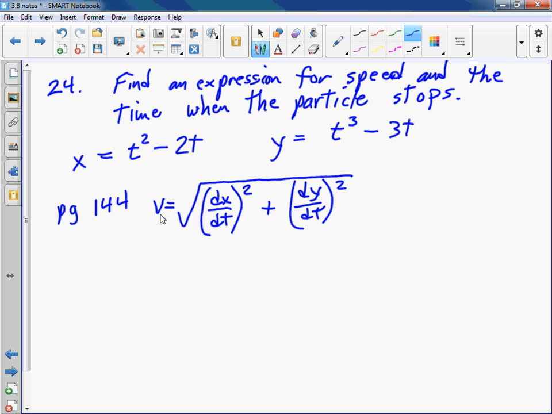If we can get velocity, speed with direction, we know speed, no problem. Because this is the Pythagorean theorem, this is just the x component and this is just the y component.